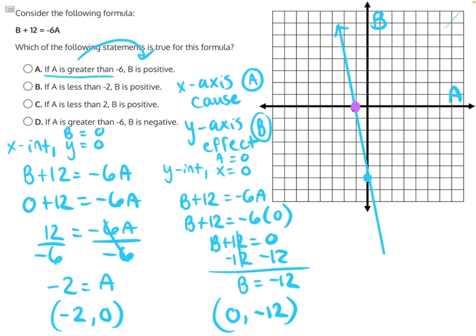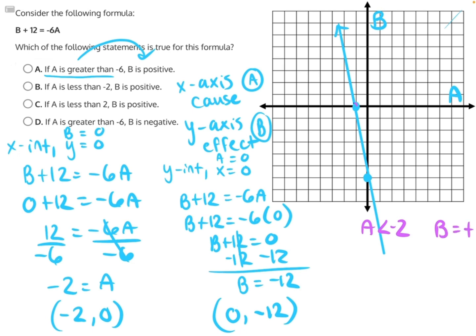If we start with our x-intercept and we look to the left of our intercept, or everything that's less than a equals negative 2, right? Everything less than a being negative 2, all of these b values or y values are going to be positive. So let's write a statement that says when a is less than negative 2, b is positive.